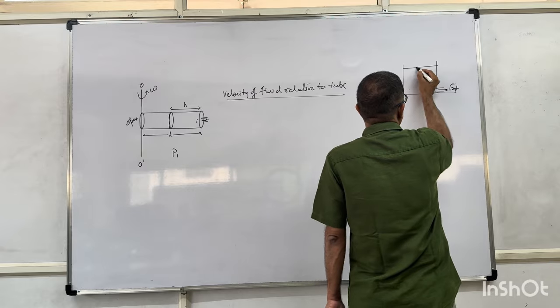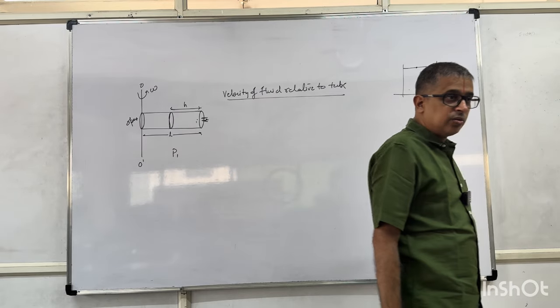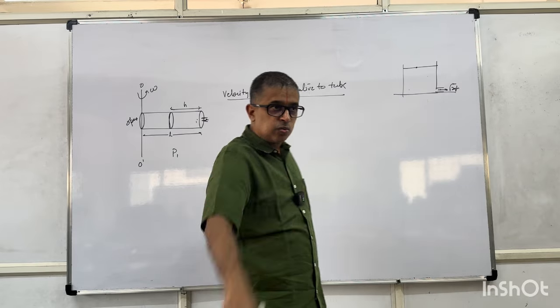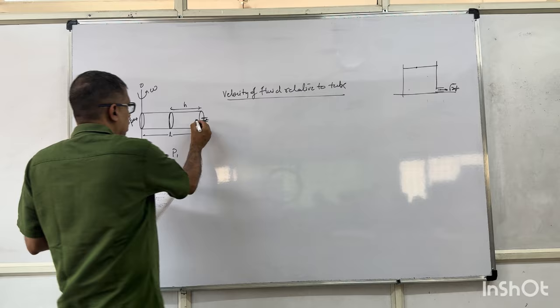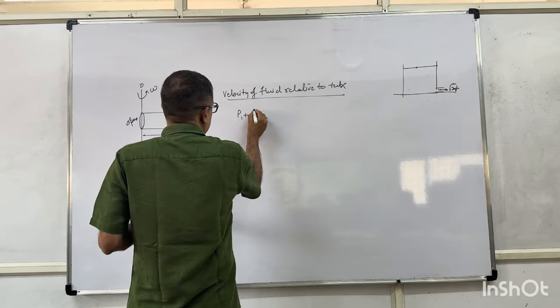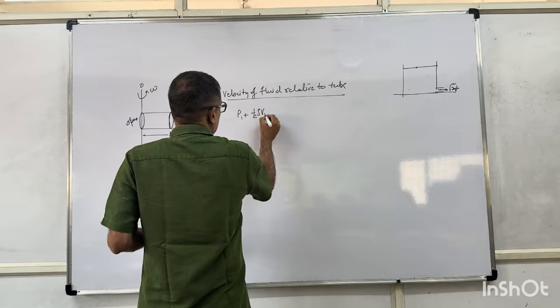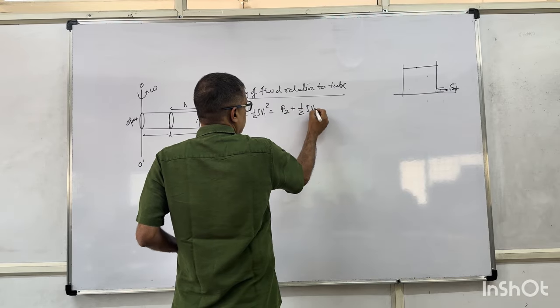Recollect, you selected one point here and one point here and you applied Bernoulli's equation. So the velocity is with respect to the fluid or the container. Now you selected one point inside, one point outside. P1 plus half rho V1 square is P2 plus half rho V2 square.